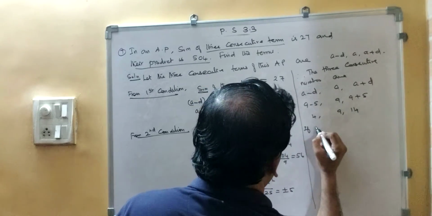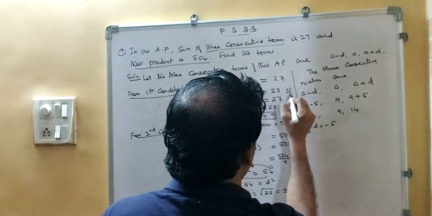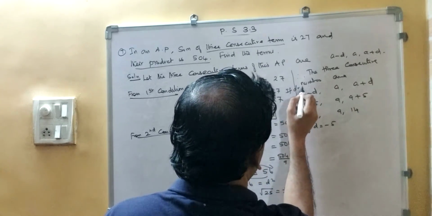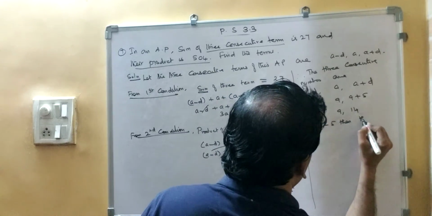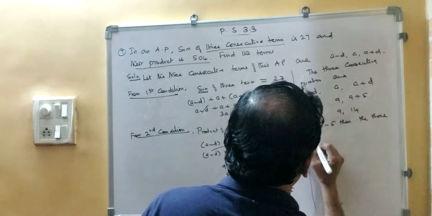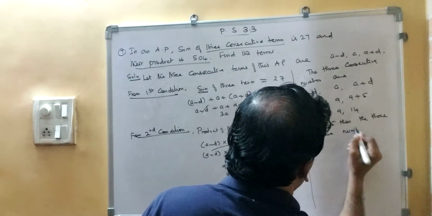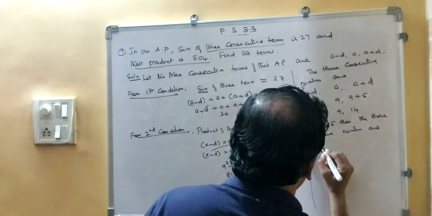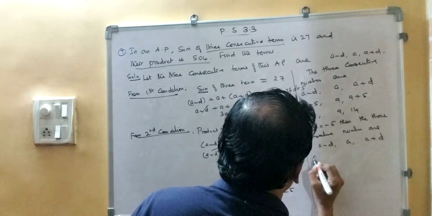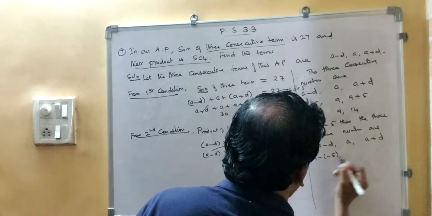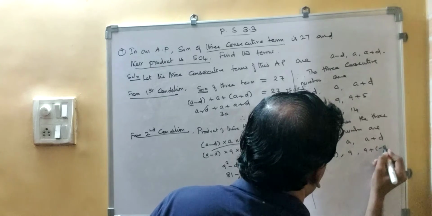If D equal to minus 5, then the three consecutive numbers are A minus D, A, A plus D. So 9 minus minus 5, 9, 9 plus minus 5.